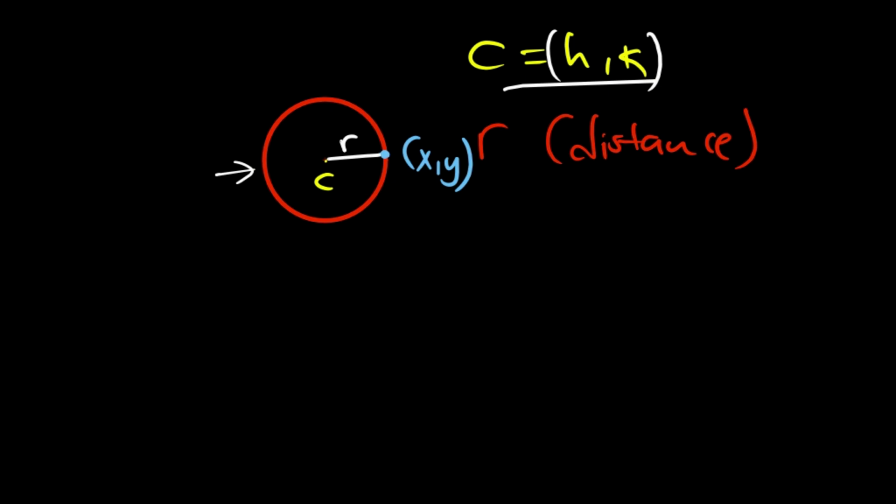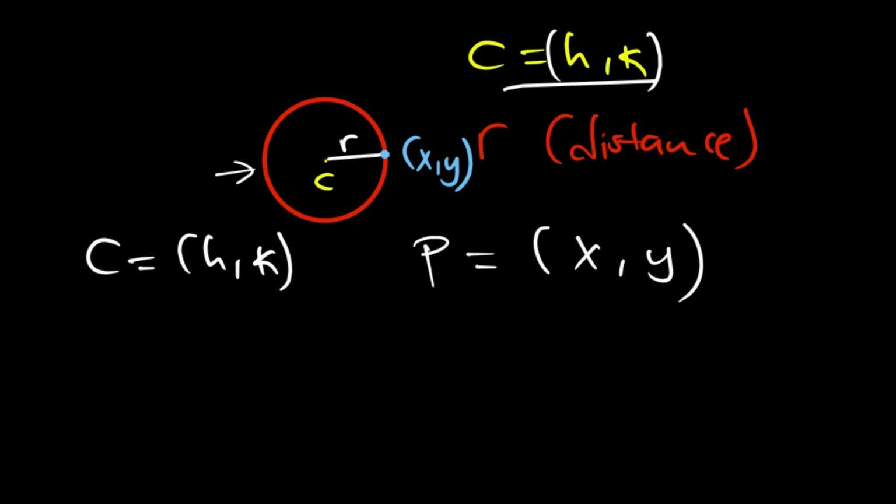Using these two, we can easily come up with an equation, right? We understand this is just basic coordinate geometry. If you have 2 points, you can easily determine the distance.